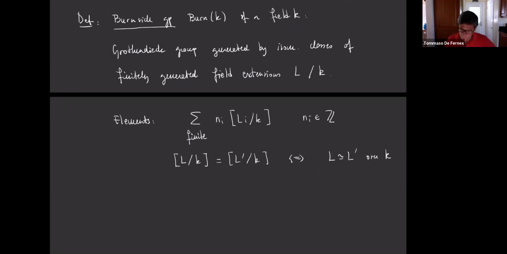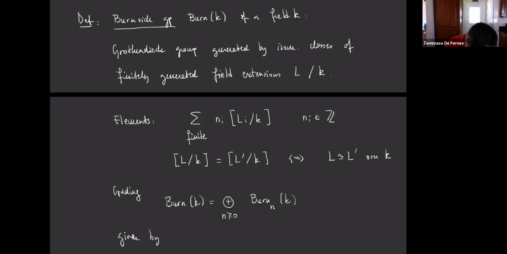And in particular, by this description, you see that there is a natural grading given by transcendence degree over K. Okay. So a way of thinking about this is that you can think about this geometrically.